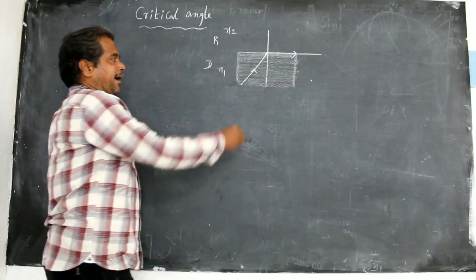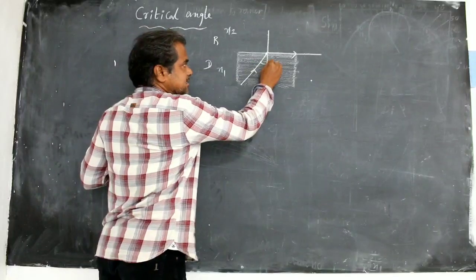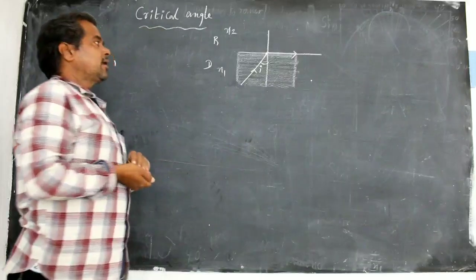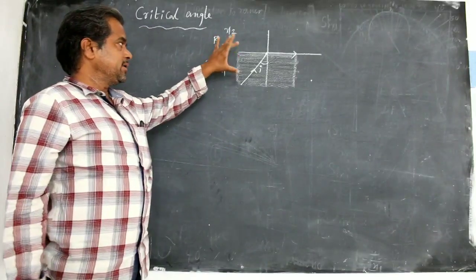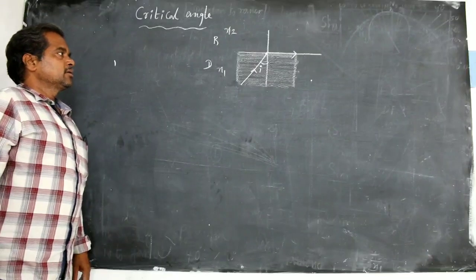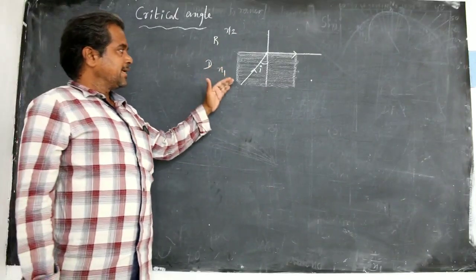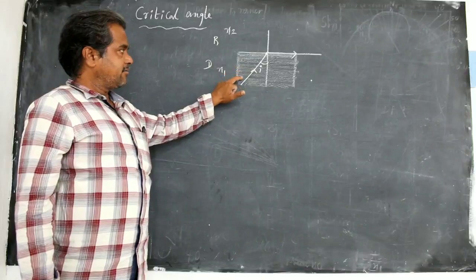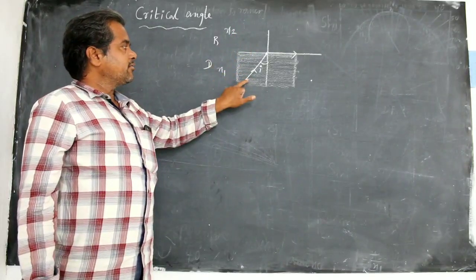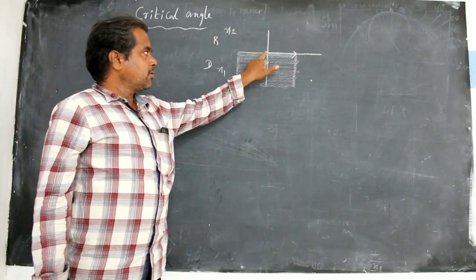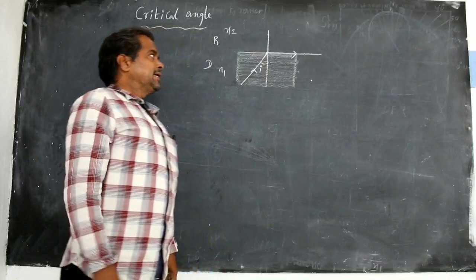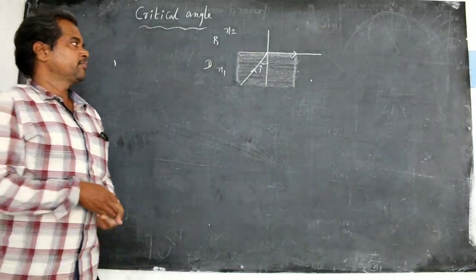This particular angle of incidence is called the critical angle of this denser medium.